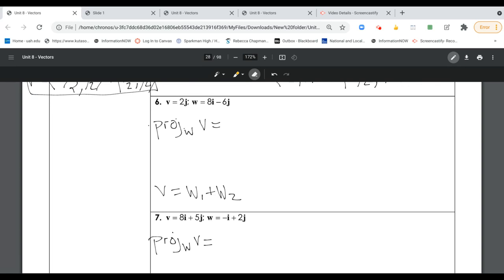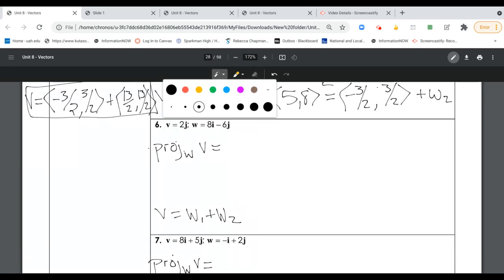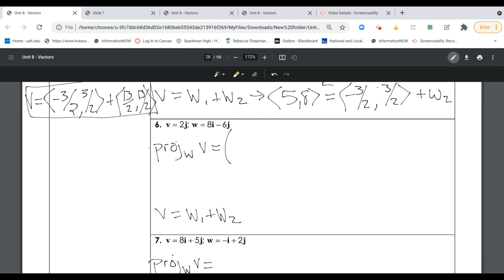So it doesn't matter if they give you the component vectors or the linear combination, we're still going to do the same thing. I'm going to take 0 times 8. There is no i in this vector. I'm going to add that to 2 times negative 6. I am going to take the magnitude of W and square it, so that's 8 squared plus negative 6 squared.